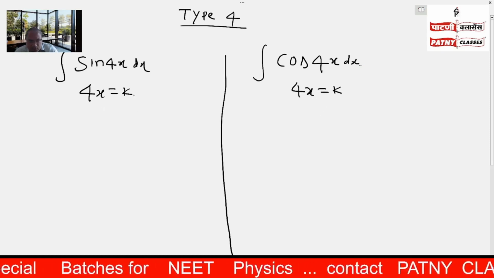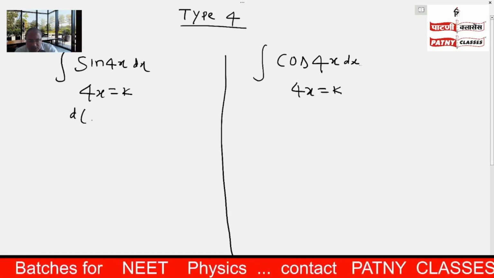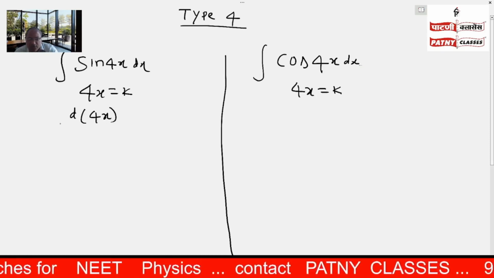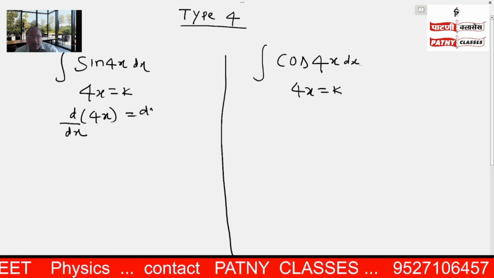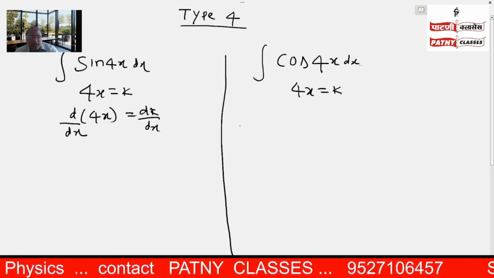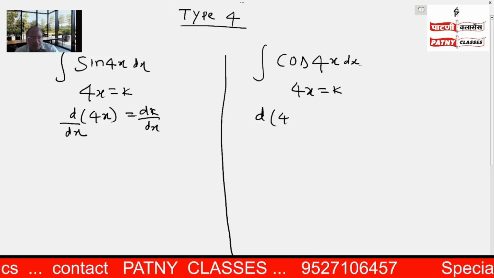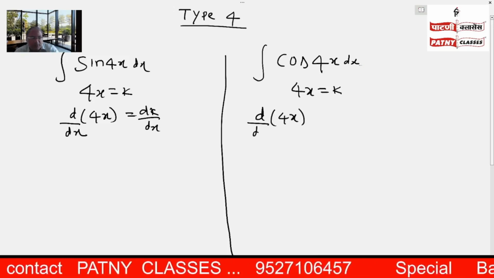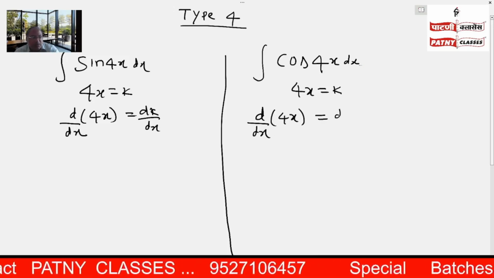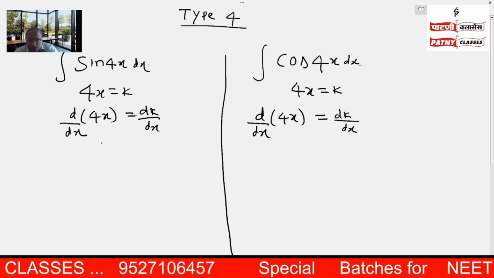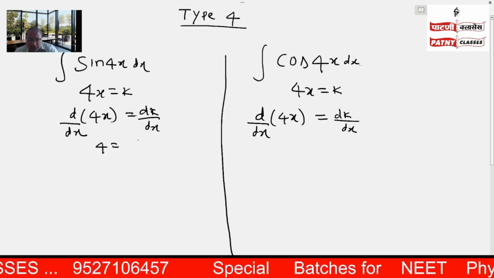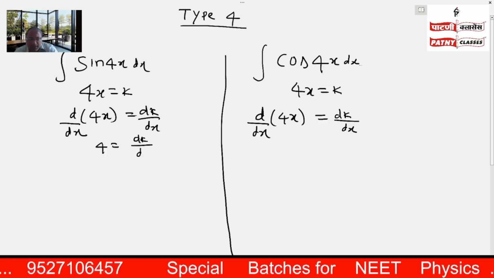Then as soon as you put k, you have to do differentiation. Differentiation of 4x with respect to x equals to dk by dx, and here also differentiation of 4x with respect to x equals to dk by dx. Now differentiation of 4x is 4 equals to dk by dx.